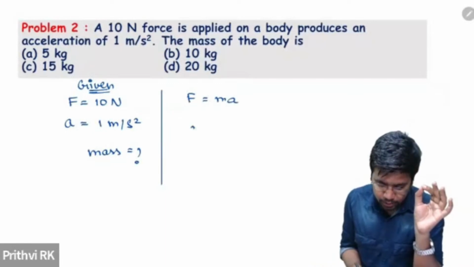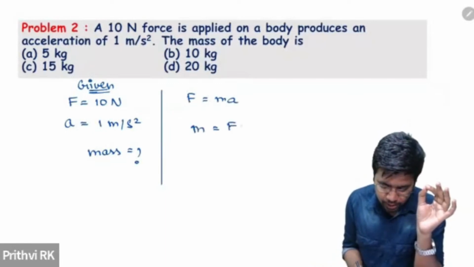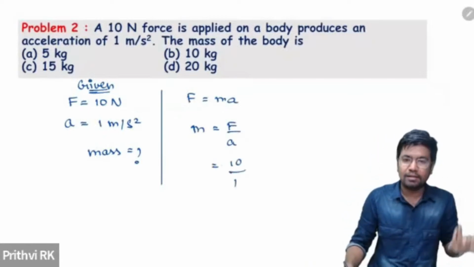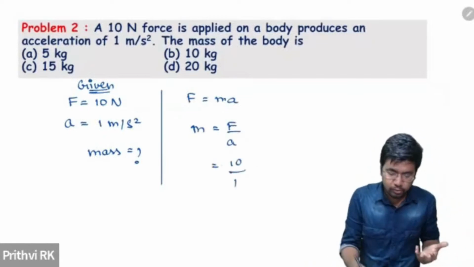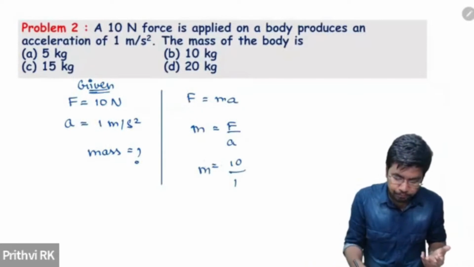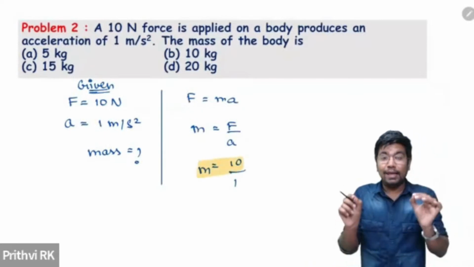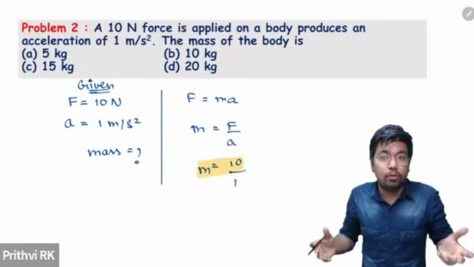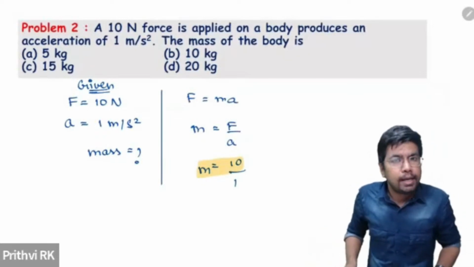Then if you want to find mass, you have to divide force by acceleration. Force is 10 divided by acceleration is 1. So of course the answer is going to be 10.